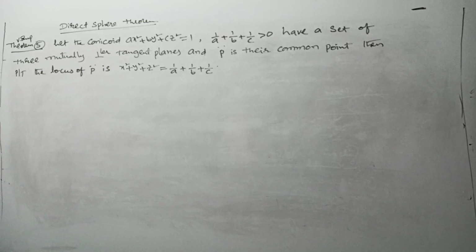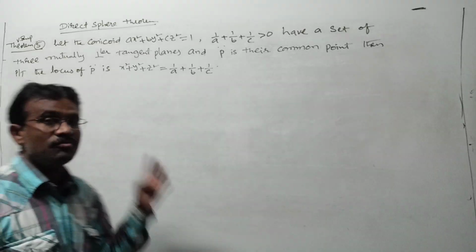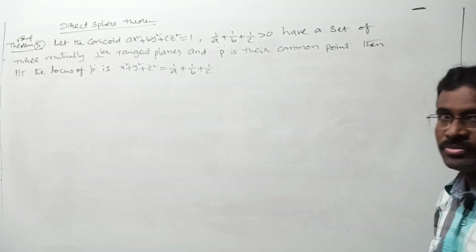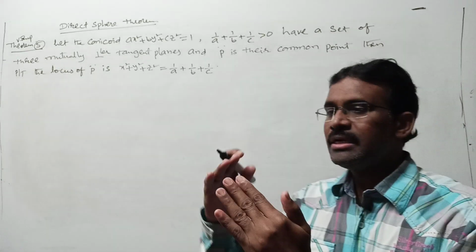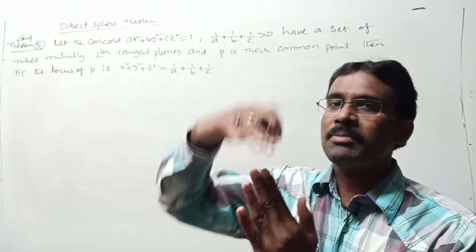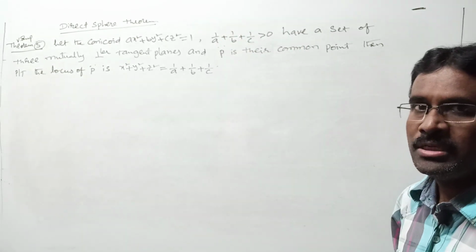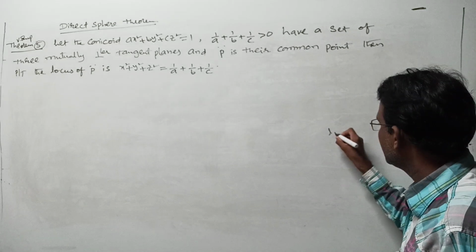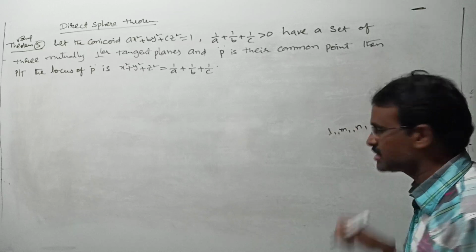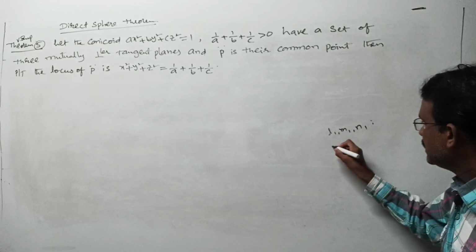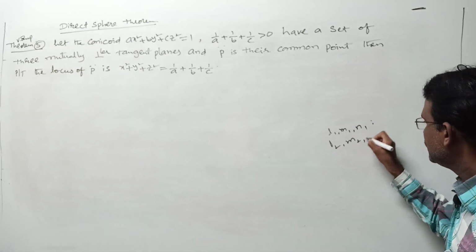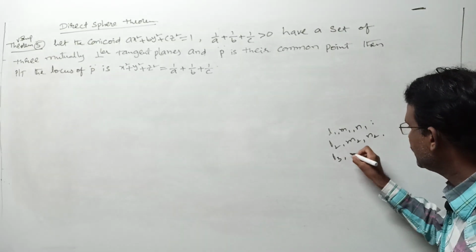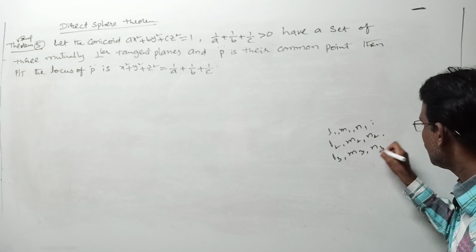Before starting this theorem, let us see one property from your intermediate level. Suppose you take any 3 mutually perpendicular lines with direction ratios L1, M1, N1 for the first line, L2, M2, N2 for the second line, and L3, M3, N3 for the third line.